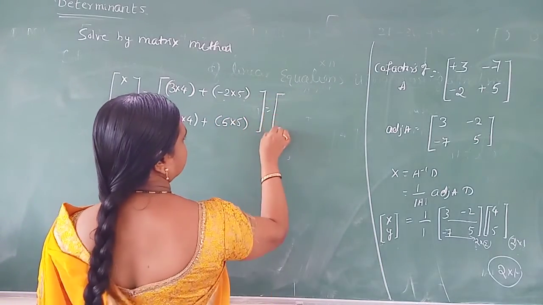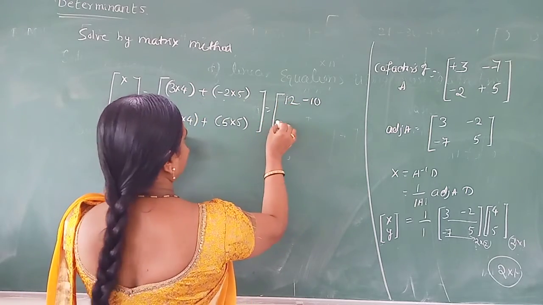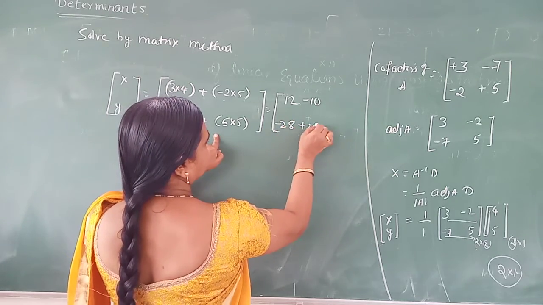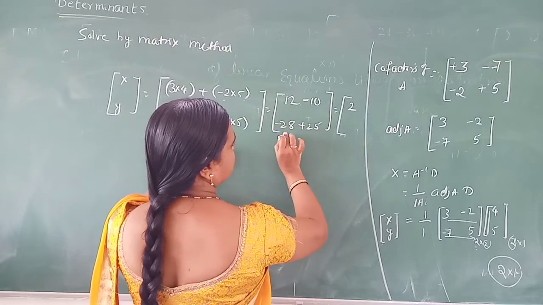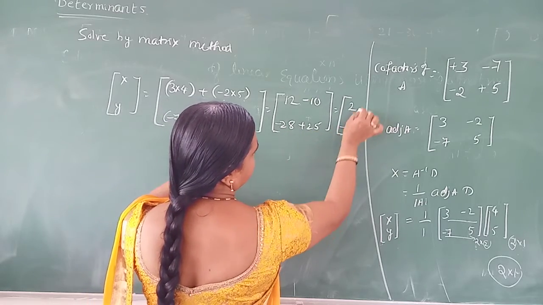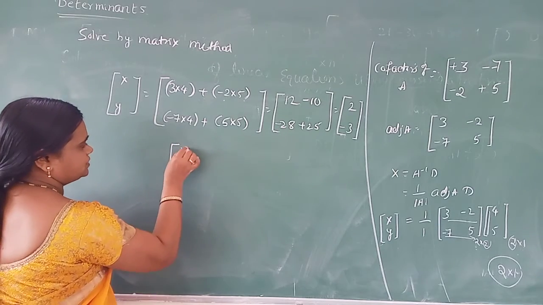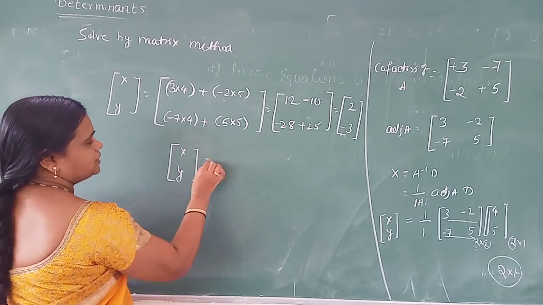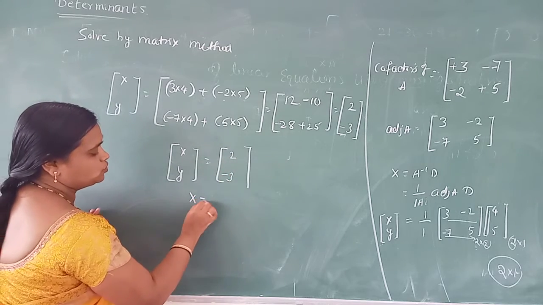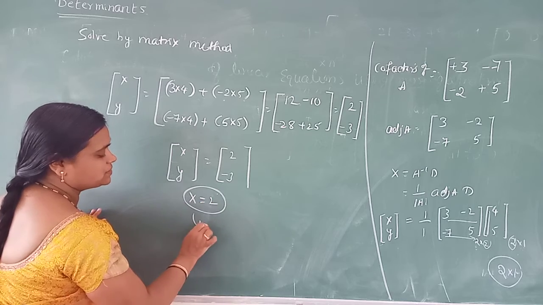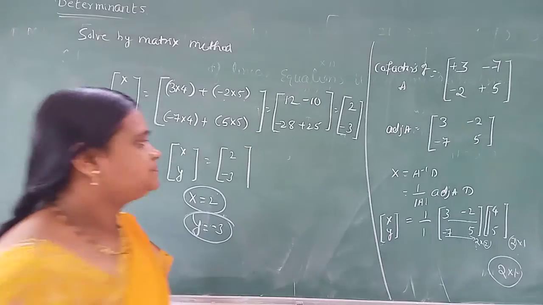We get 12 minus 10, and minus 28 plus 25, means 12 minus 10 is 2, minus 28 plus 25 is minus 3. So x1 is the value 2, minus 3, means x is 2, y is minus 3.